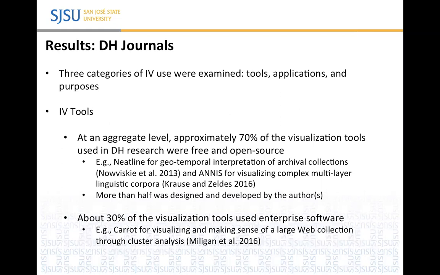So first, let's take a look at the results for digital humanities journals. Despite the wide variation among the visualization tools that could possibly be used in digital humanities research, I found that at an aggregate level for the 3 journals, approximately 70% of the visualization tools used were free and open source tools, such as Mediate for the geotemporal interpretation of archival collections, and ANNIS for the visualization of complex multi-layer linguistic corpora.